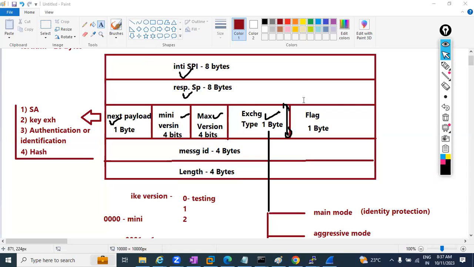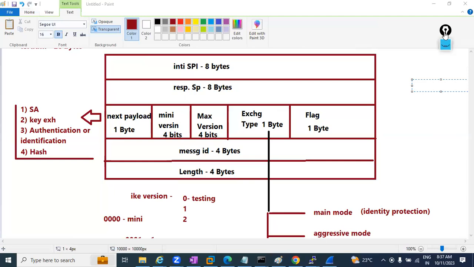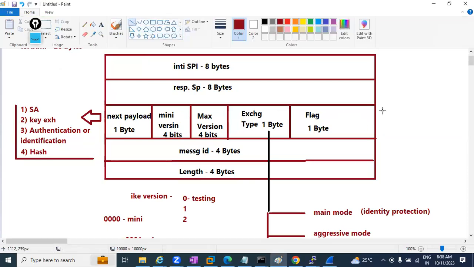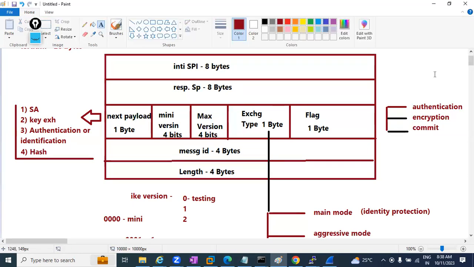Okay, fine. Next we have flag. There are three different kinds of flags: authentication, commit, and encrypted.